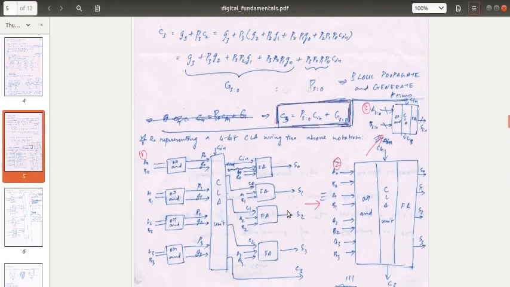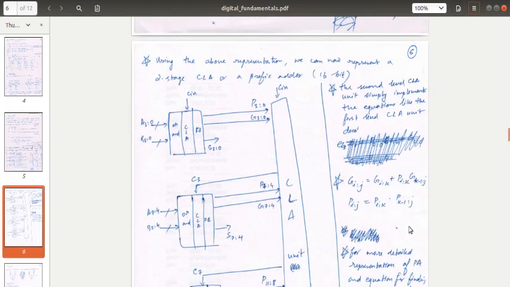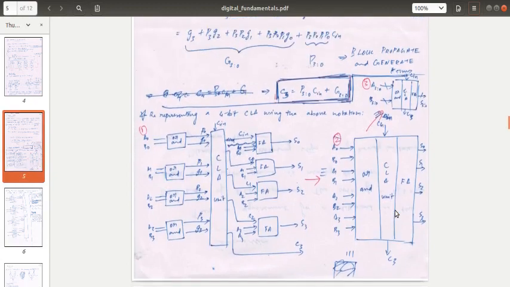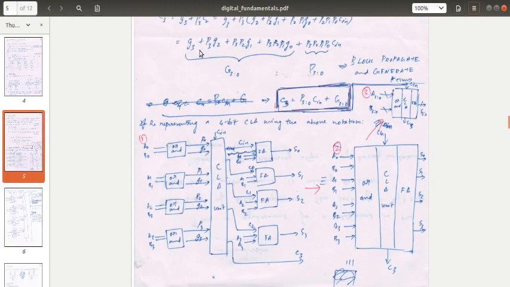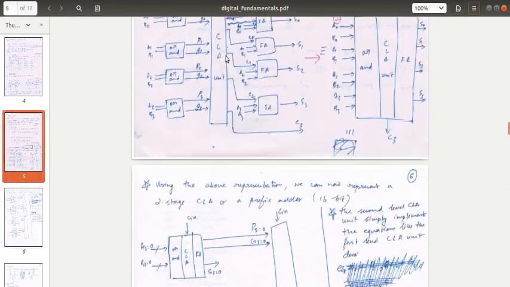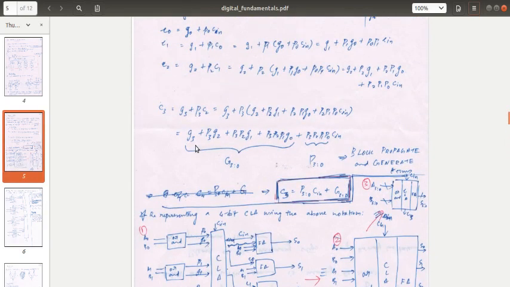Okay, and this is a generalized representation of the carry generation and carry propagation term for a block, right? So if you look here, we can rewrite this as G3 or P3 and some term. Here for these 3 terms we can take P3 as common and write G3 or P3 and some term.